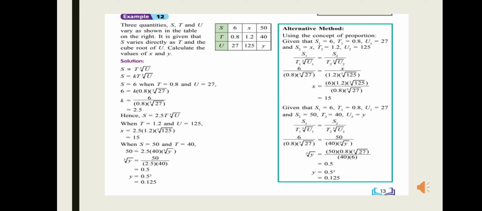Now let's find the value of Y. By using the same formula, when S is equal to 50 and T is equal to 40, substitute them into the equation. Then, you gain the value of Y as 0.125.